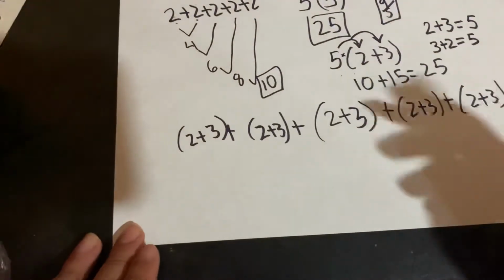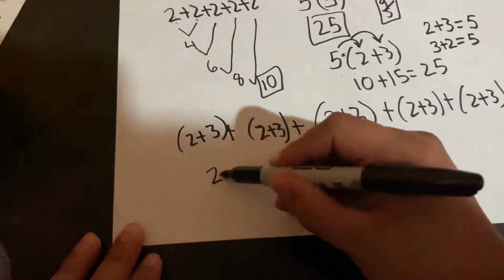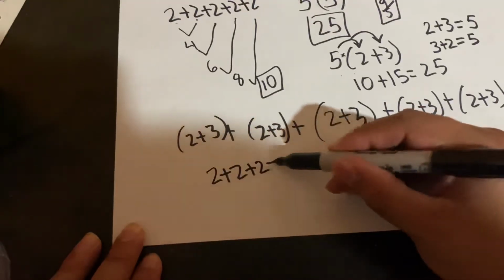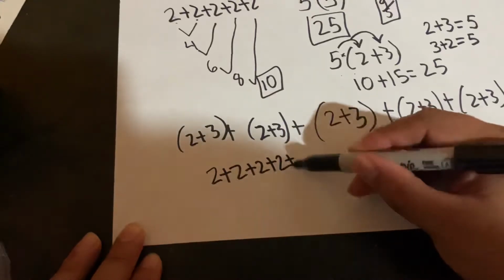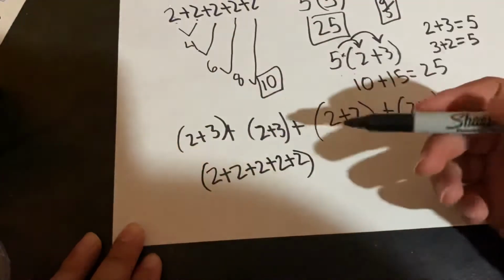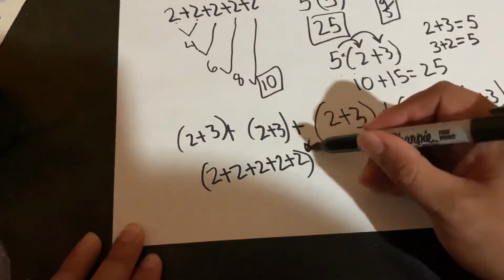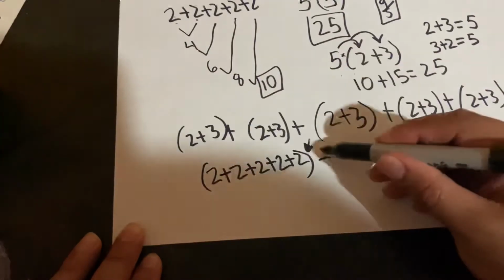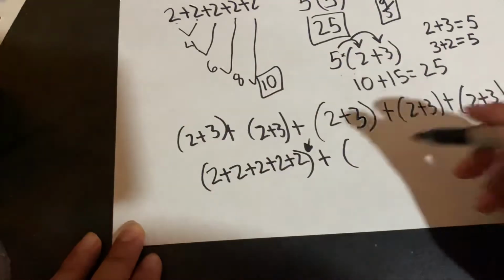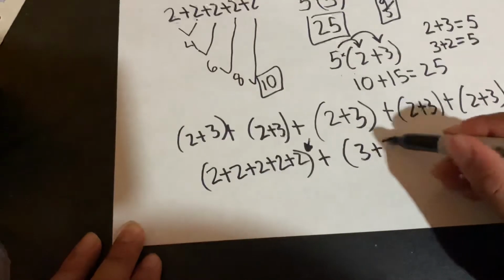And because I can do that, I'm going to put all the 2's together, which is going to be 5 of them. And then I'm going to put parentheses. Parentheses is a grouping symbol, so I'm grouping them together. Plus, and then I'm going to group all the 3's together, which is 5 of them.